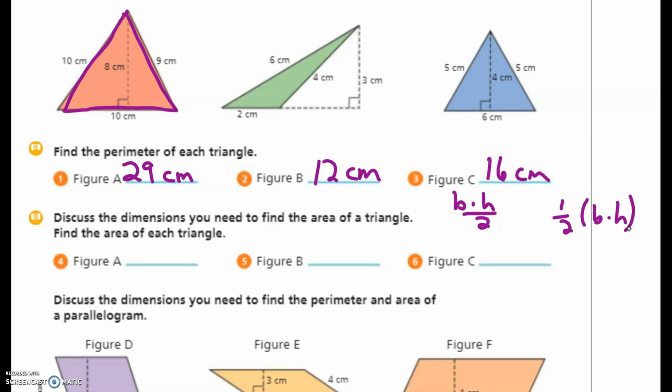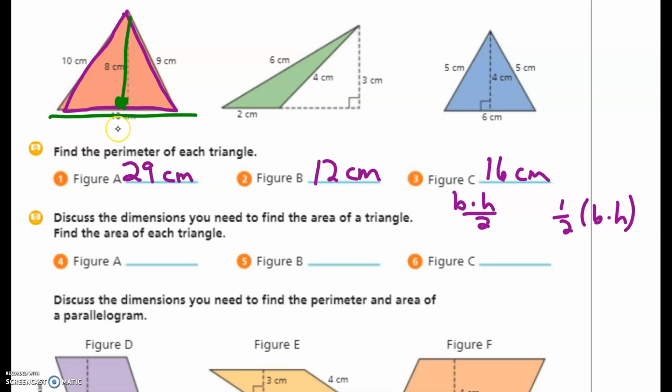Figure A. What's the base? What's the height? Ooh, there's a lot of numbers up there. Well, think about, you're looking for the intersection of the lines that make this angle. So it's going to be this one and this one.